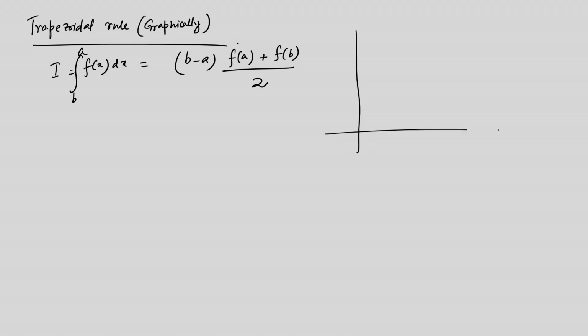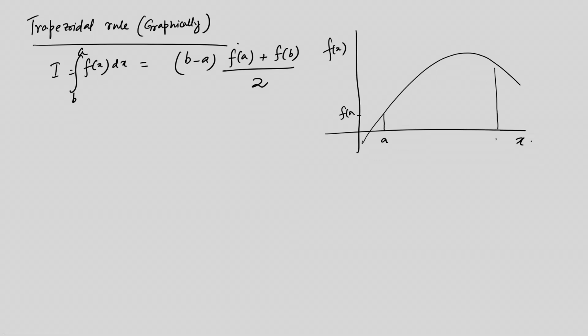What it means is the following: you have a curve like this, f of x versus x, and this is x equal to a, this is f of a, this is b, and this is f of b.